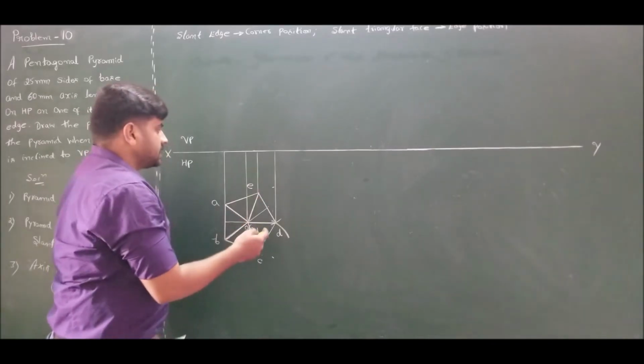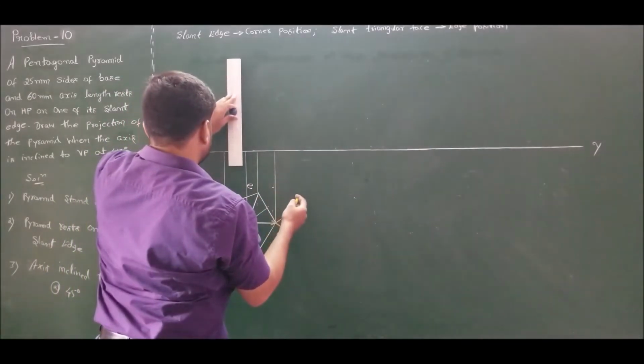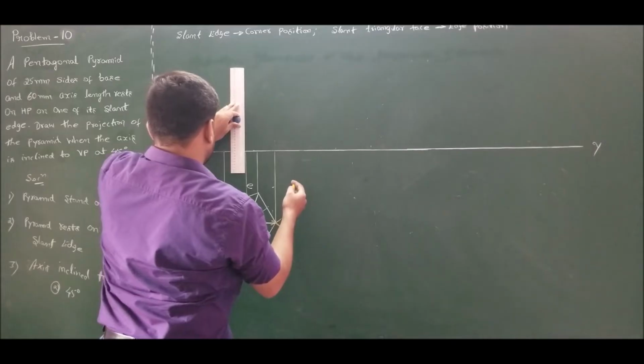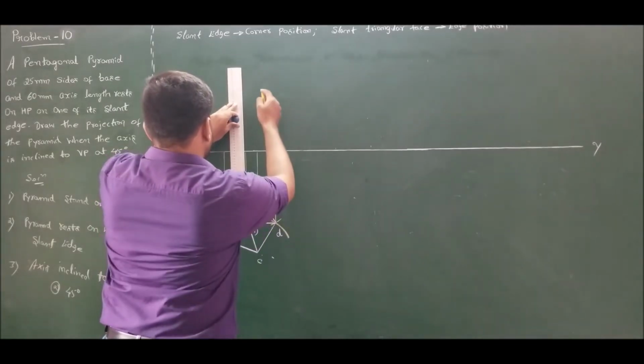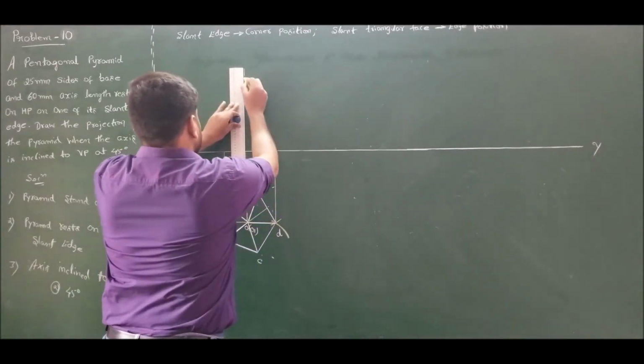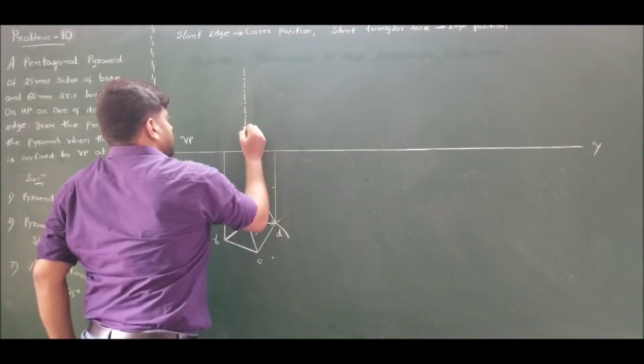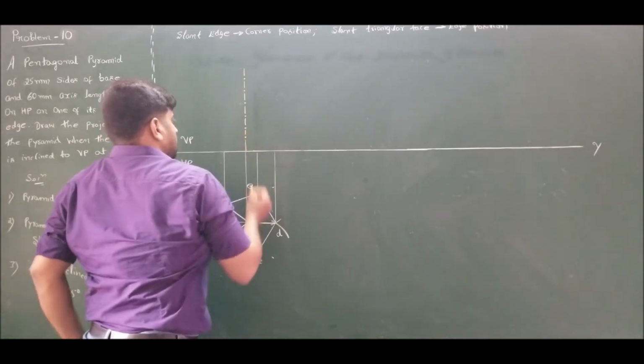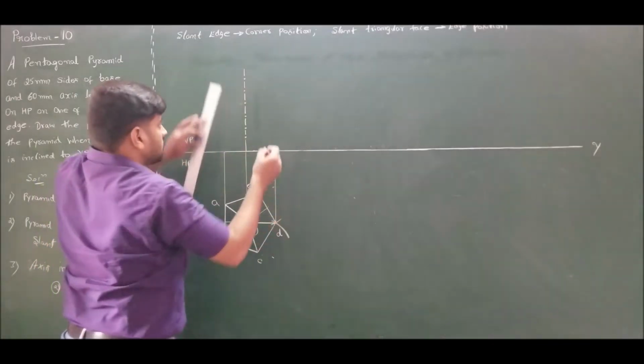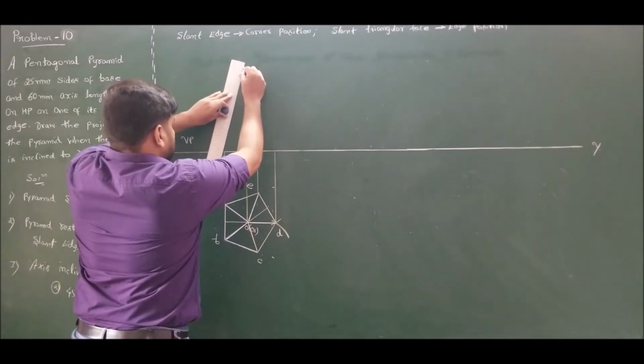Now mark the axis. The axis length is 60 mm. Axis marked with dashed lines with dots in between. Connect the corners from the apex of the axis.